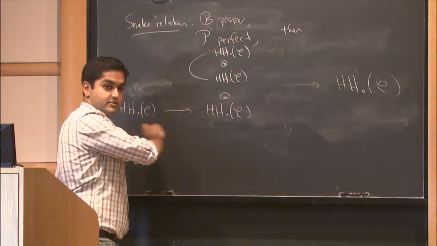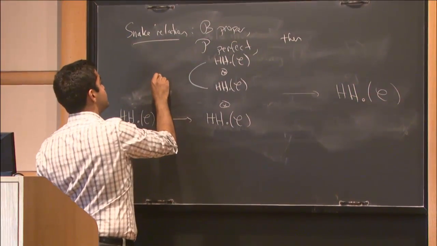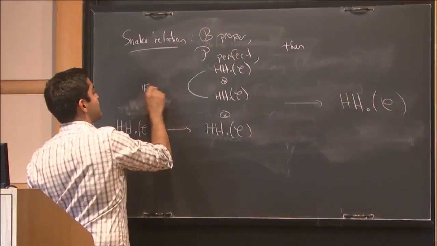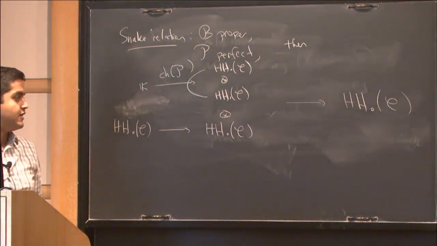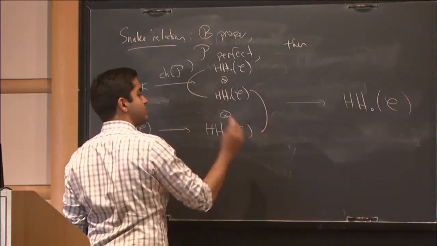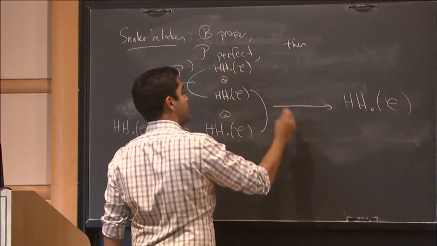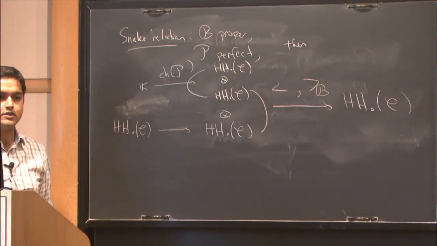You act by the identity on this copy, and you introduce 2 copies via tensoring with Chern of P. Okay, so there's a map K in by Chern of P. Okay, and then you contract the bottom 2, by looking at the pairing with respect to B.